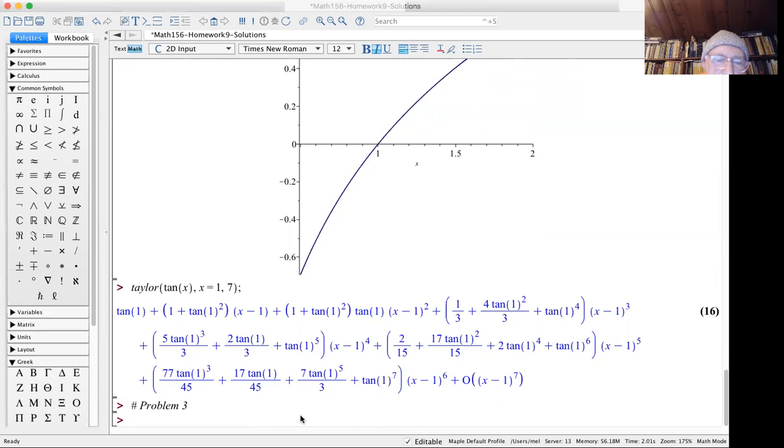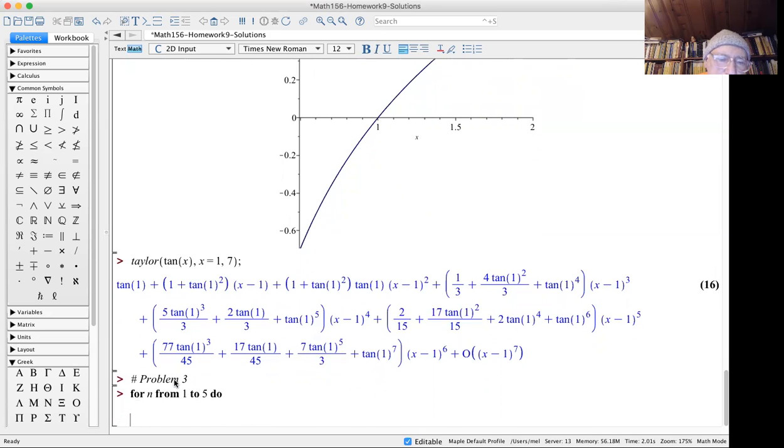So let's just do it like this. For n, let's say from 1 to 5 do. And what do I want to do? Well, suppose I let p be equal to, well, that's it.